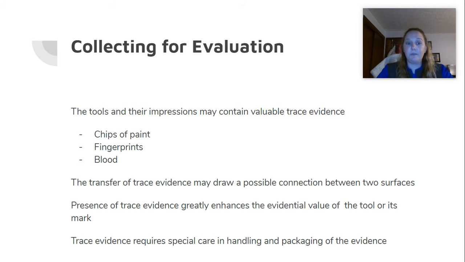Trace evidence does require special care and handling and must be packaged accordingly. So blood will be packaged in plastic, fingerprints lifted and put on cards, and paint would most likely be stored in plastic as well, so it can keep its chemical composition without running the risk of drying out.